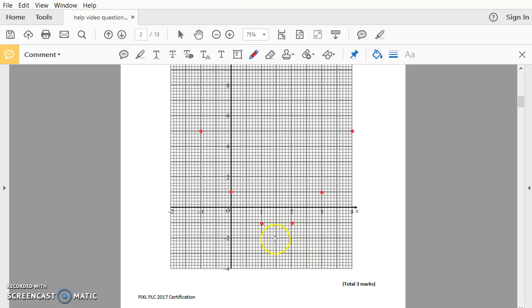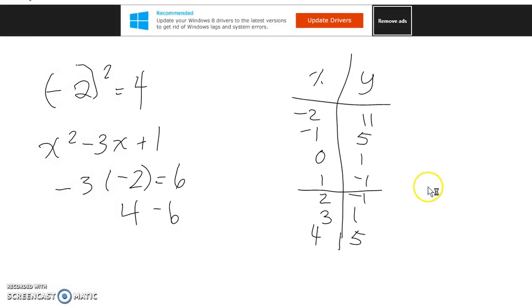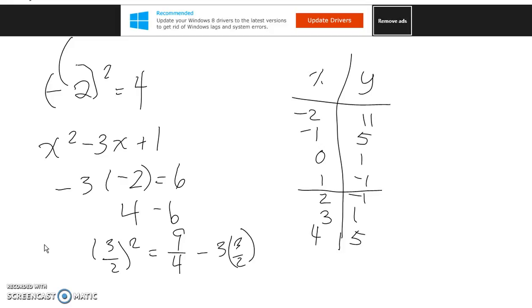Now, to make our graph even more accurate, what we can do is look at a value of 1.5, because that's going to be equidistant between those points. So 3/2 squared gives me 9/4, minus 3 times 3/2 gives me 9/2, so that's 18/4, so I'm at minus 9/4.